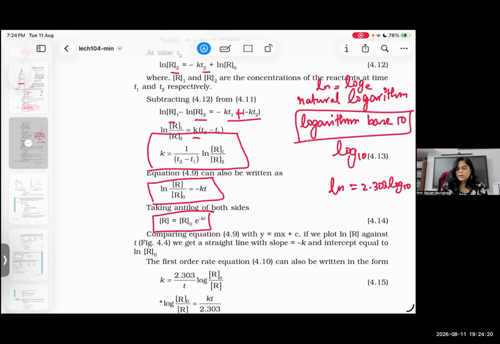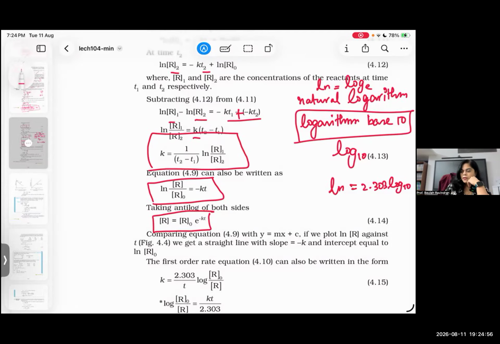Then ln R by R naught is equal to minus kt here. If you want to take an antilog, meaning you take the exponential on both sides, then the log will cancel. You have studied functions in sets, relations and functions, and also limits and differentiation, right? Logarithmic and exponential functions are inverses of each other.